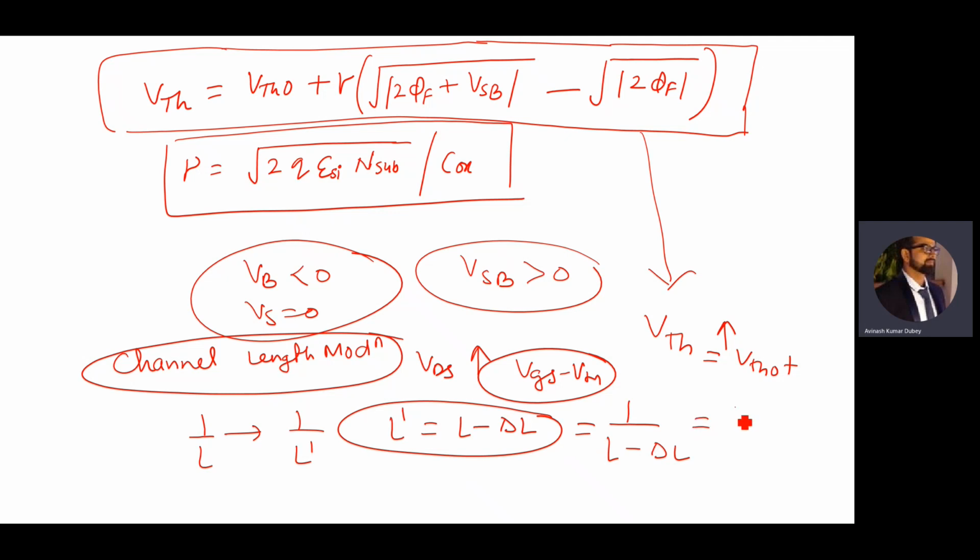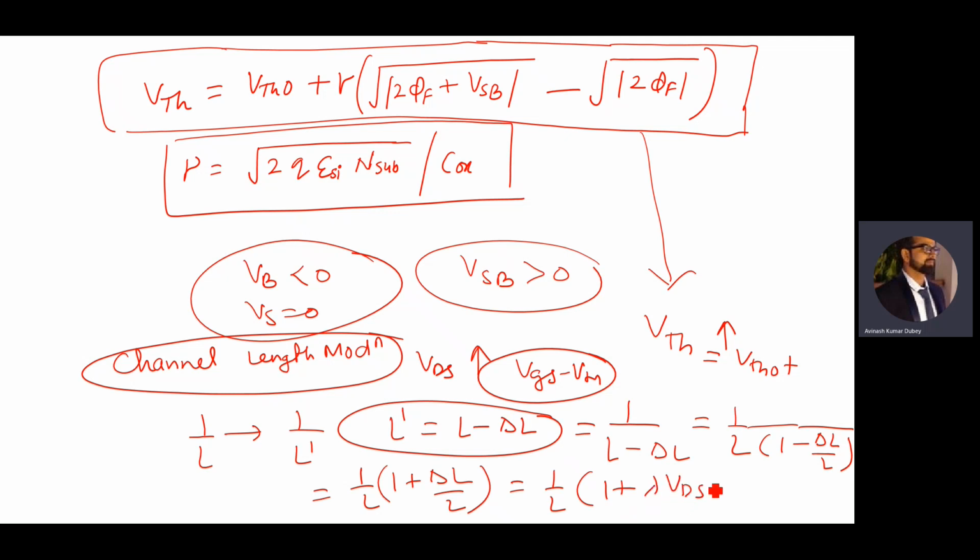Then this will be 1 by L times 1 minus delta L by L, and taking the inverse, it will be 1 by L times 1 plus delta L by L, because this is a very small amount. This 1 plus delta L by L is like lambda into VDS, where lambda is the channel length modulation coefficient and VDS is the drain to source voltage.